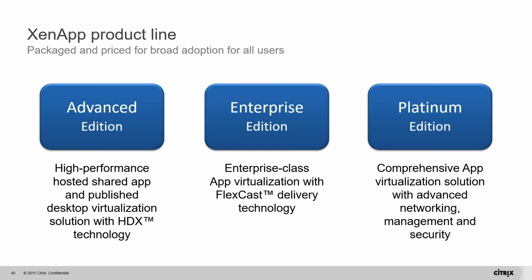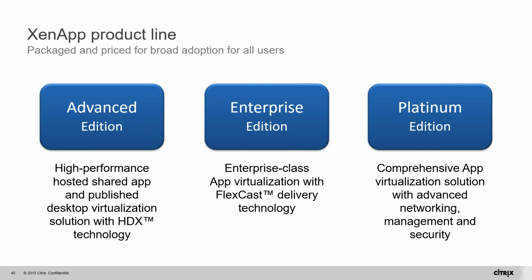We see most of our published applications coming from there. So recently we created a web browser edition that's going to be released in the near future, just to hit that use case for anyone looking to publish only web browser type applications. It can be handled within the web browser edition.